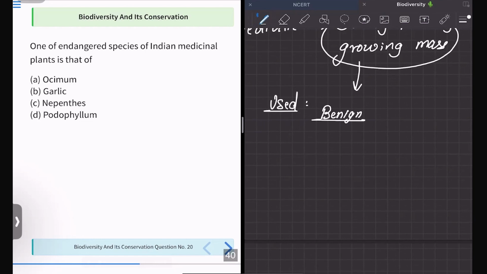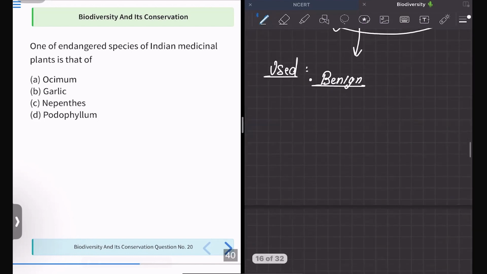I hope you know what benign is. Let me tell you in brief. Benign conditions are a kind of tumor, a growing mass that is not cancerous, but the growth rate is high and they tend to keep on replicating, thus increasing their size.